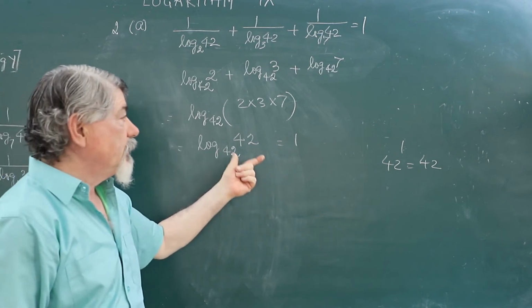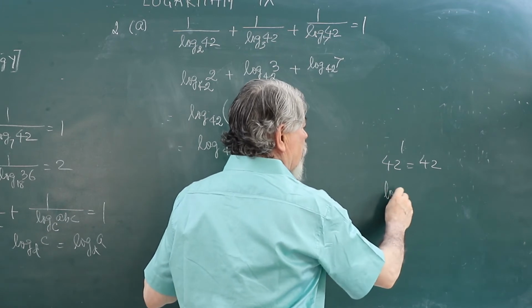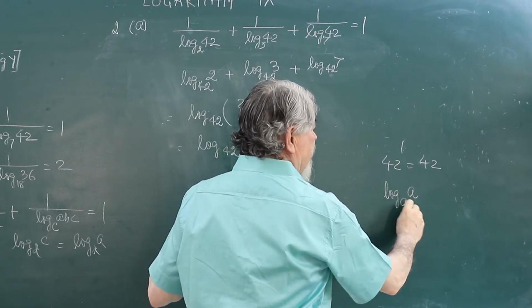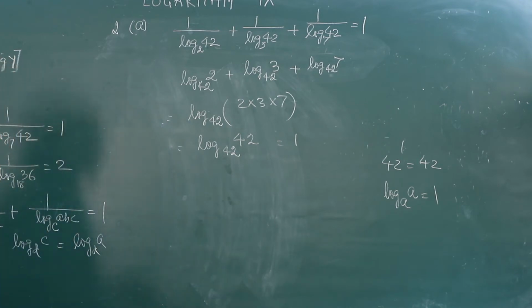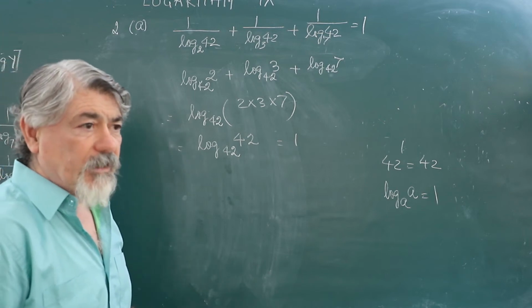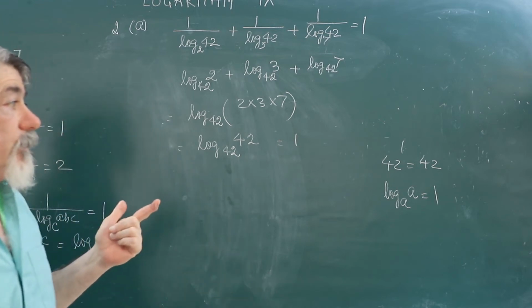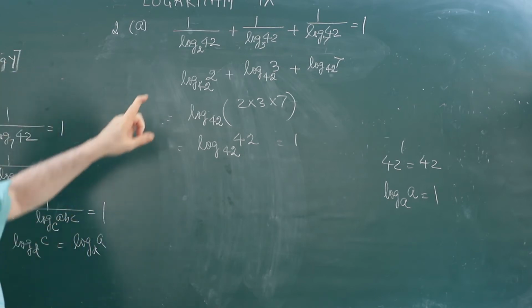So log 42 to the base 42 is 1. So we generally say log a to the base a is always equal to 1. The number to its own base is always going to be equal to 1. That is why log 10 to the base 10 is 1. Log 1 to the base 1 is what? 1 also. So we have got the answer.